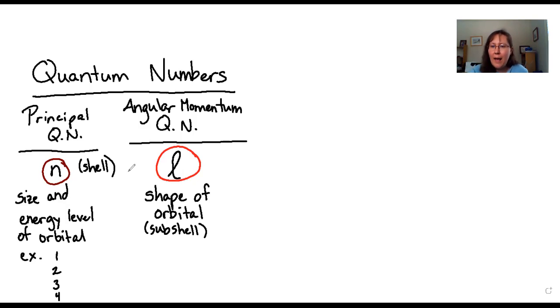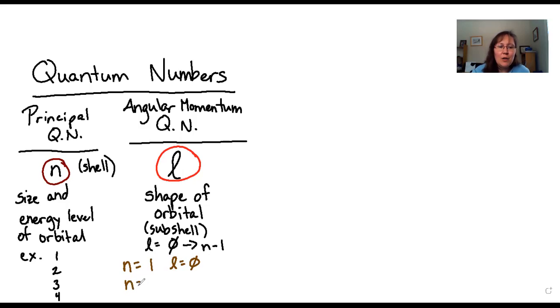Now, l depends on n. Let me go ahead and show that. l is equal to 0 to n minus 1. What does that mean? That means that if n is equal to 1, we have one l value, and that's equal to 0 because n minus 1 is 0.